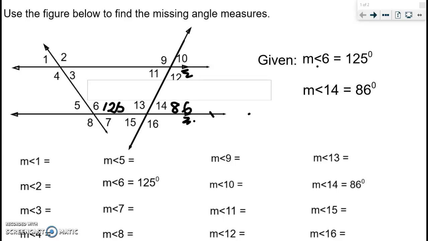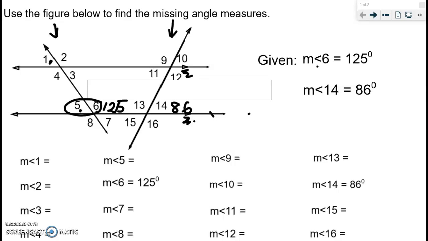Everything that we just talked about must be true in this group over here and for this group over here. So the measure of angle 1 right here, how is it going to compare to this 6 right here? Well, 1 is going to be congruent to its corresponding angle, and we know that 5 and 6 are a linear pair.